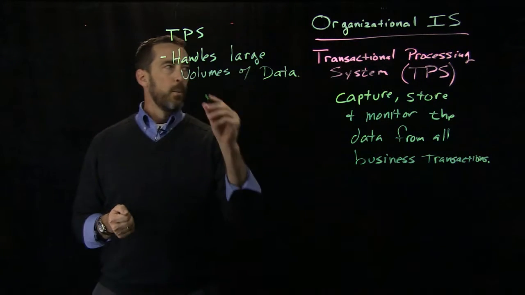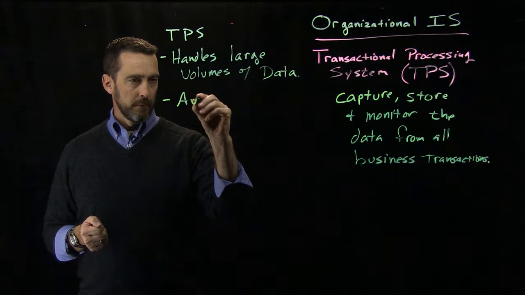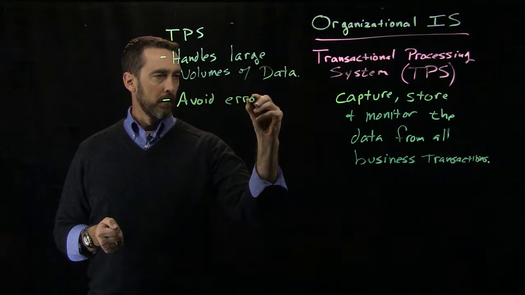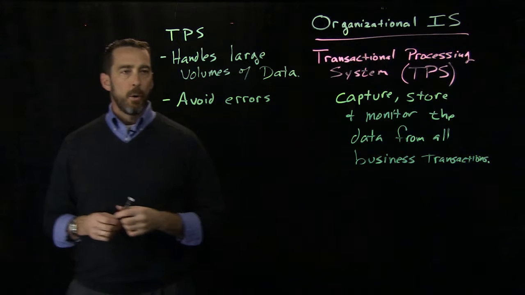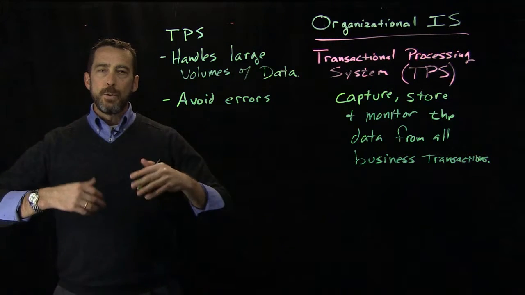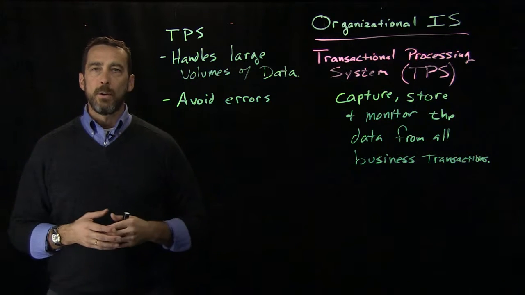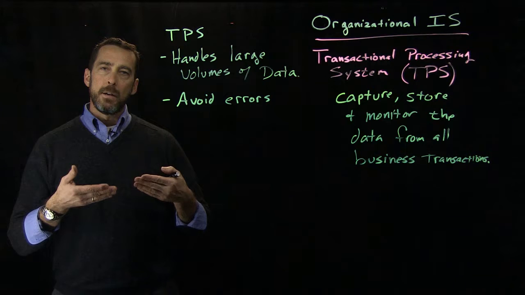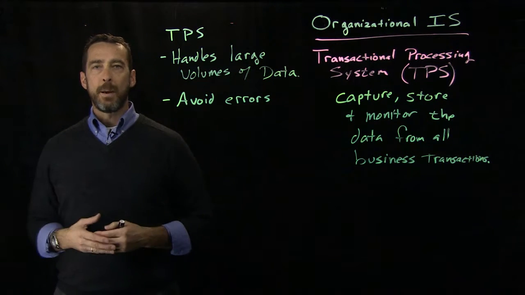Another is we want to avoid errors. So consider when you shop at Walmart or a grocery store, and you take your product up to the check register and you scan your product, you want to make sure that the scanned product you're purchasing is indeed what you pay for.